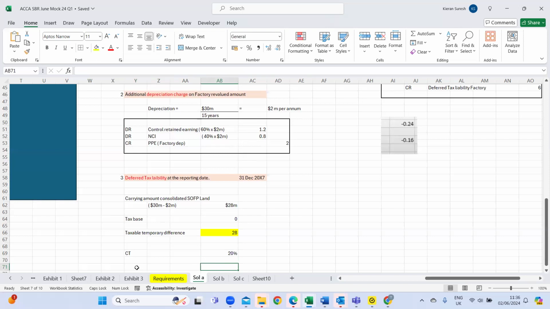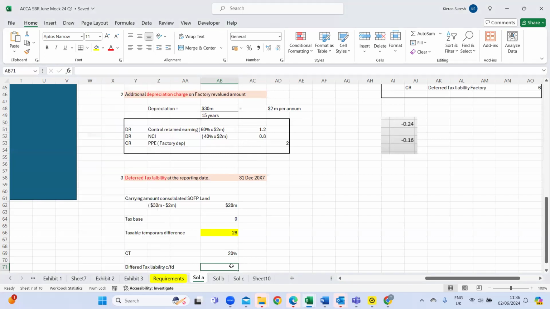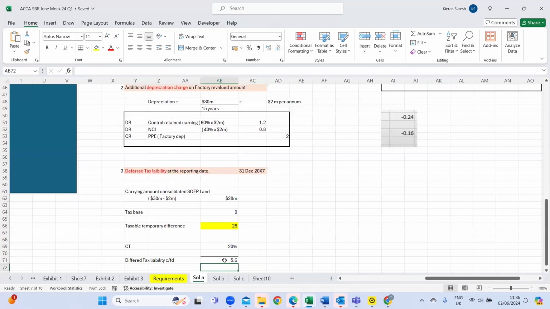Therefore, this triggers a deferred tax liability. The deferred tax liability carried forward, the balance on the deferred tax account, according to the new figures should be 20% of this figure. So we should only have a balance of 5.6.